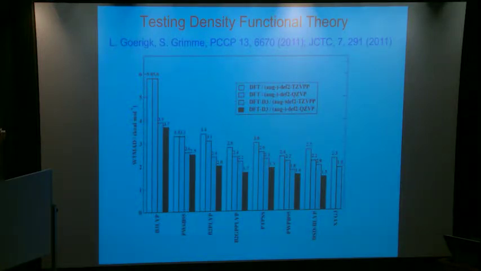One of the beauties of DFT was that you could use really small basis sets and get good numbers. You lose some of that, though, when you go to these hybrid methods, because now you've got some component that's wave function based, and wave functions have a big basis set dependence.